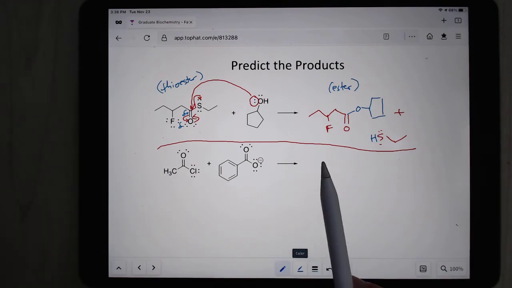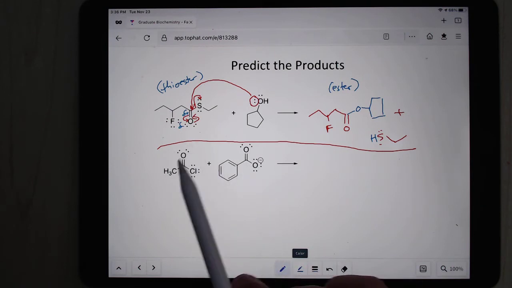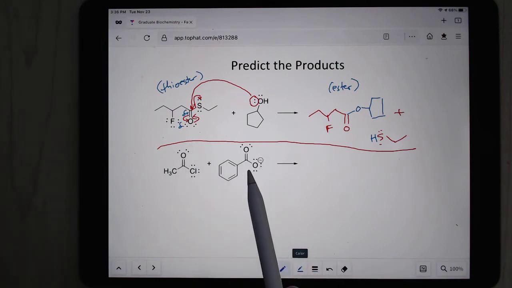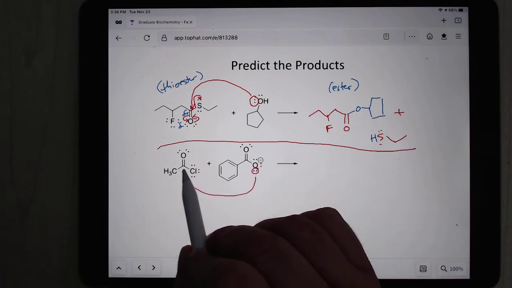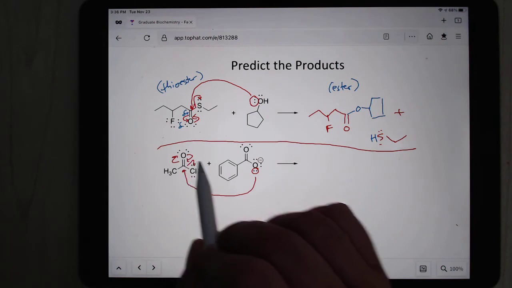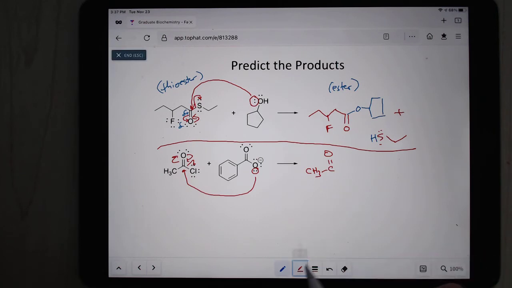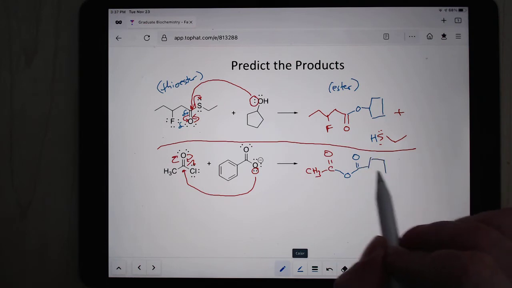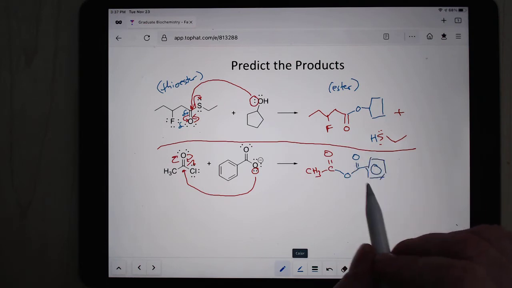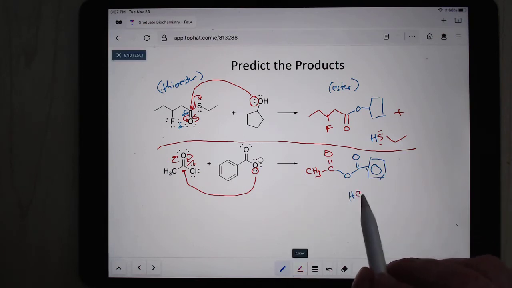So for here, we actually have two C double bond O's. But notice how this one has the negative charge on it. So that makes this one the nucleophile. So it's going to attack here. One of these lone pairs is going to come here, up, down, kick away, and so you're going to end up with this, and Cl minus leaves.